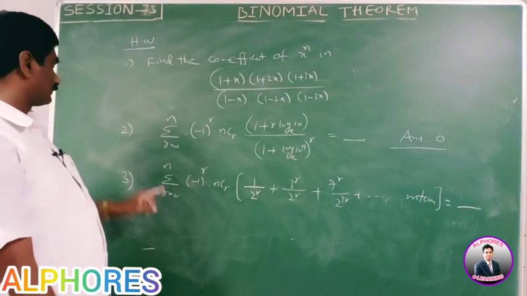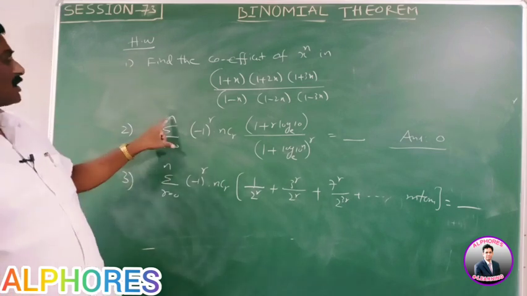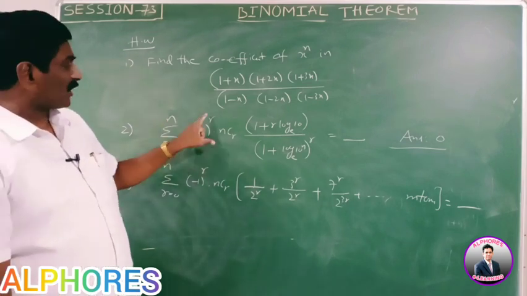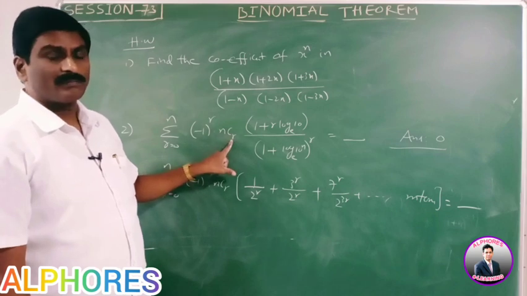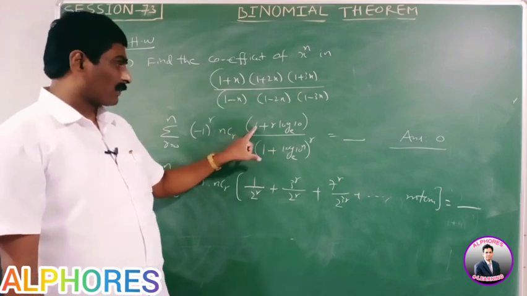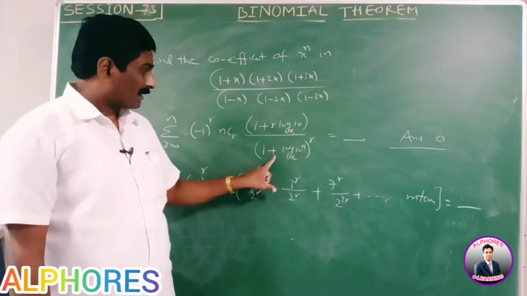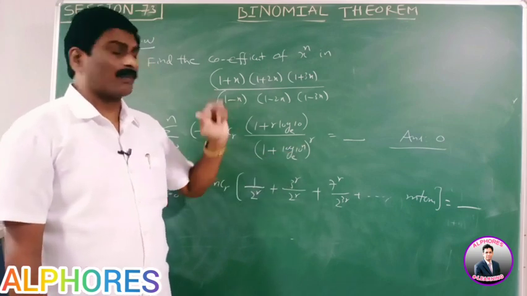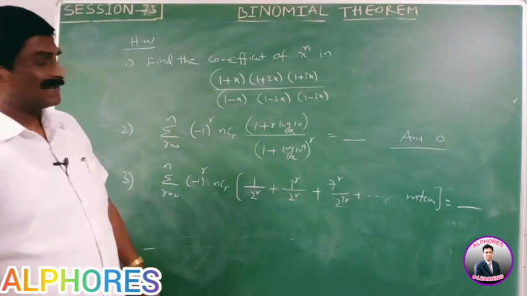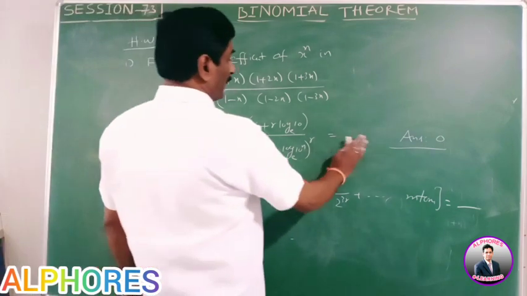Next, second one. Sigma r equal to 0 to n of (−1)^r nCr into (1 + r log₁₀e) divided by (1 + log₁₀ⁿ e)^r. Answer is 0. Very, very important.